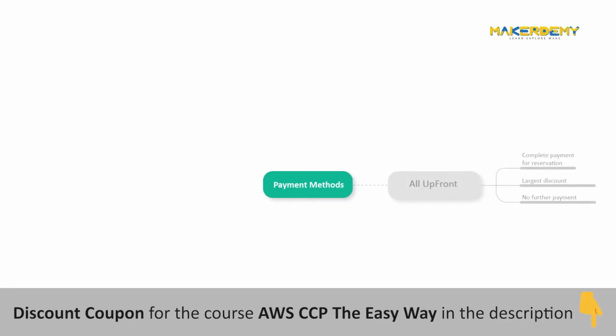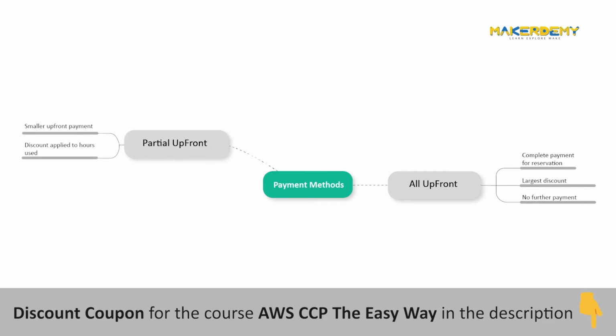The first option is all upfront. Here, the complete payment for the 1 or 3-year reservation is paid. This option offers the largest discount and no further payment is required regardless of the number of hours the instance is used. The next option is partial upfront.